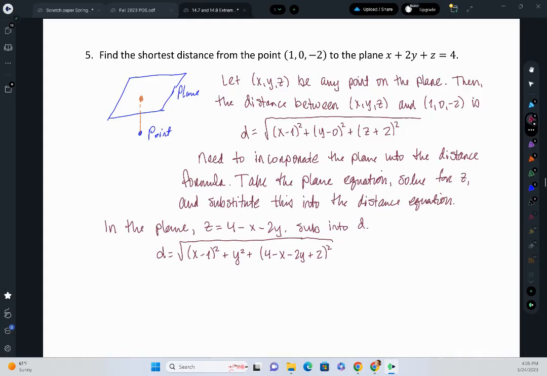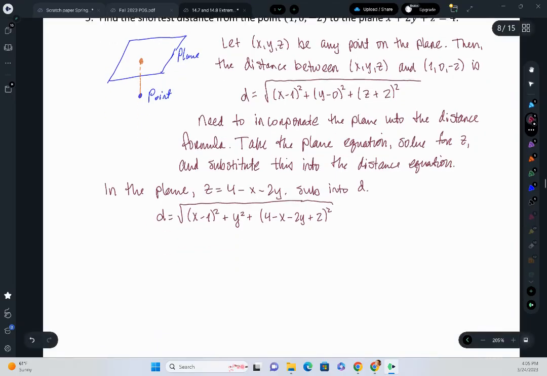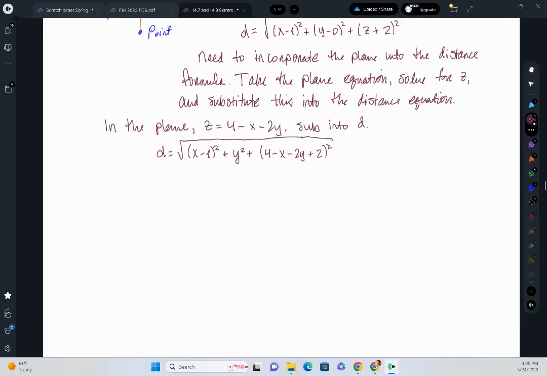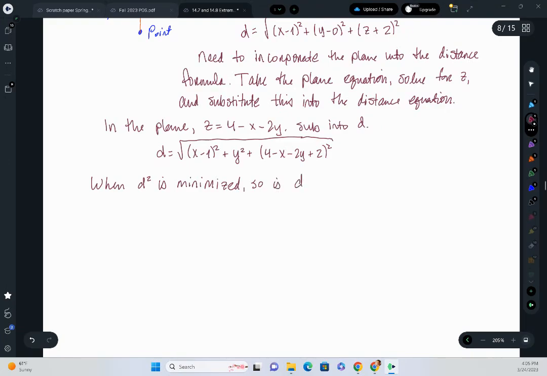So what we can use, and you're going to see this trick a lot in mathematics, you may have already seen it a few times before. When d squared is minimized, so is d. So what I'm saying here is when the distance squared is minimized, so will the distance be minimized. So why not just go ahead and let f of x, y, that's going to be our function we're working with, equal d squared.